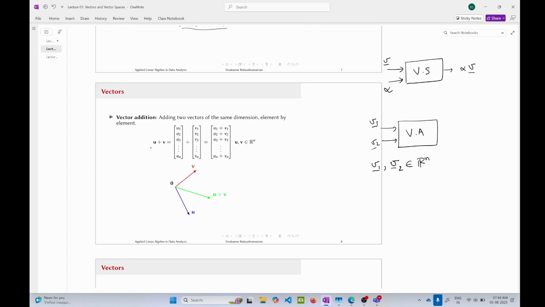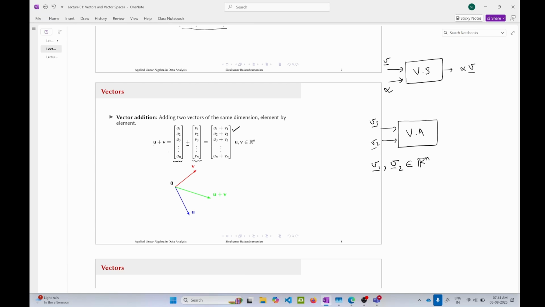So if we had two vectors U and V from Rn, U is given by this, V is given by this. This addition operation, you simply do element-wise addition. You add U1 with V1, you add U2 with V2, U3 with V3, and so on and so forth.